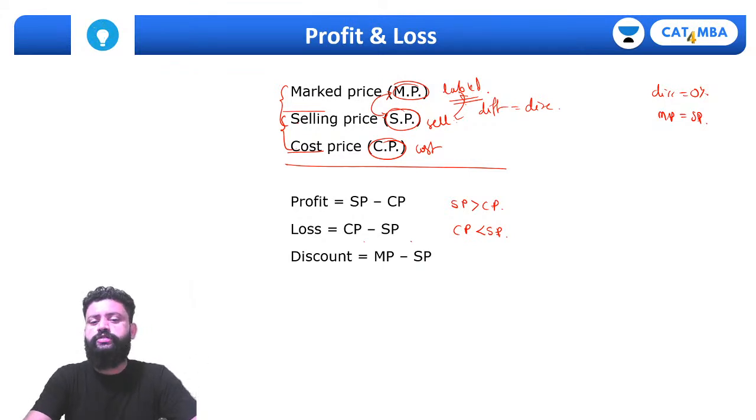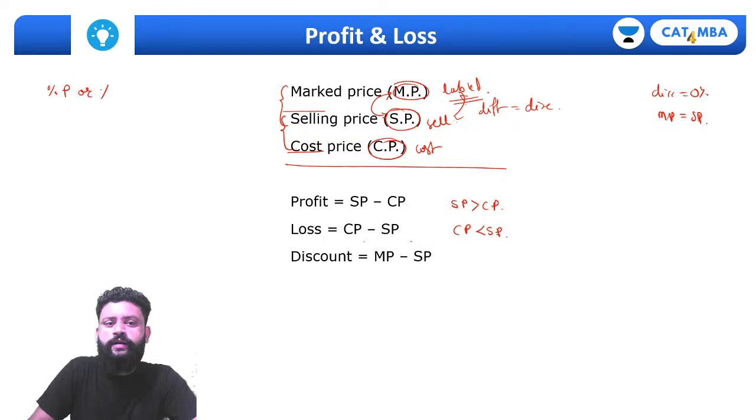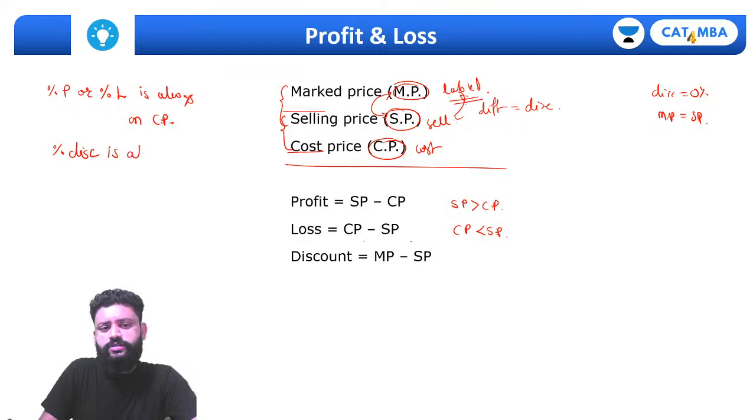Then after that, if you want to calculate the percentage profit, now this is very important. You can remember this in words: percentage profit or percentage loss is always on cost price. Remember this one. And percentage discount is always on mark price.